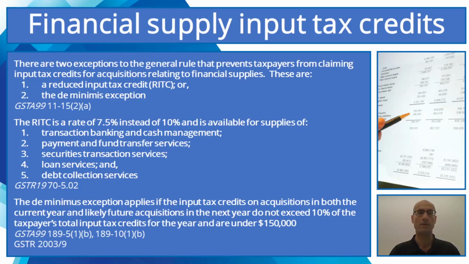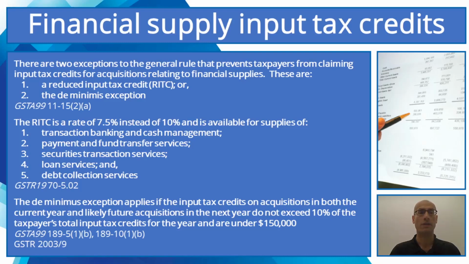If you happen to be supplying those sorts of services, you can still claim an input tax credit, but it's reduced. You actually only claim it at 7.5% rather than 10% of the amounts that you've spent. So it was kind of a win-win for the banks that they could still claim some fraction, but it wasn't going to be the full amount.